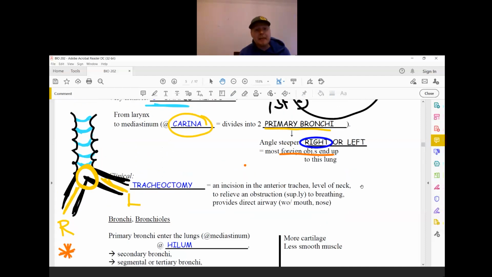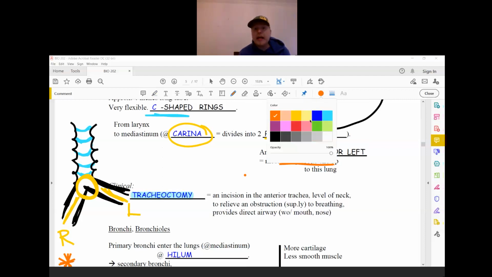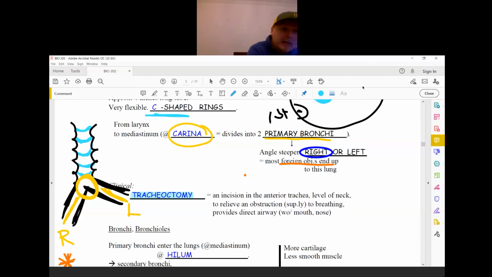One clinical example that I mention here is the tracheotomy. In a tracheotomy, we make an incision into the trachea if the airway above, more superior, is blocked, so that air is able to enter back into the respiratory system.